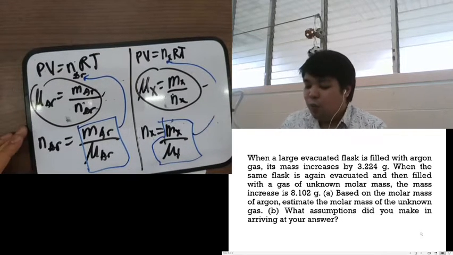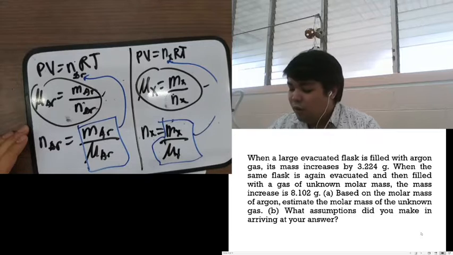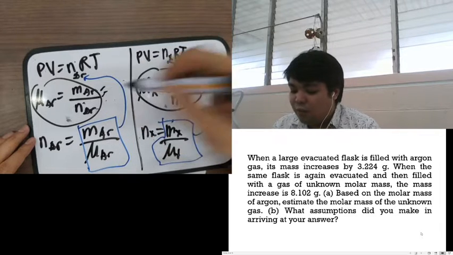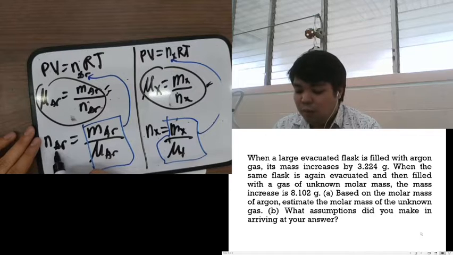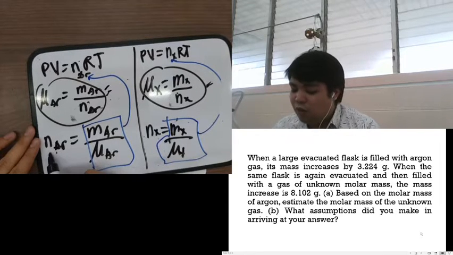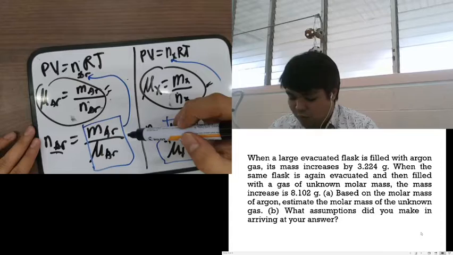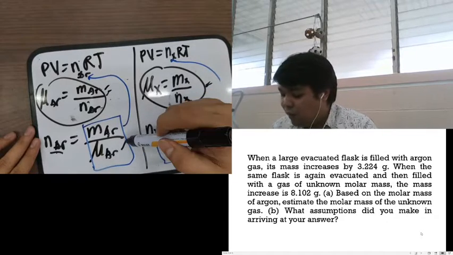Okay? So we manipulate this equation to express it in terms of the number of moles. So that here we have shown that moles of argon is equal to this expression. The same goes with this one.